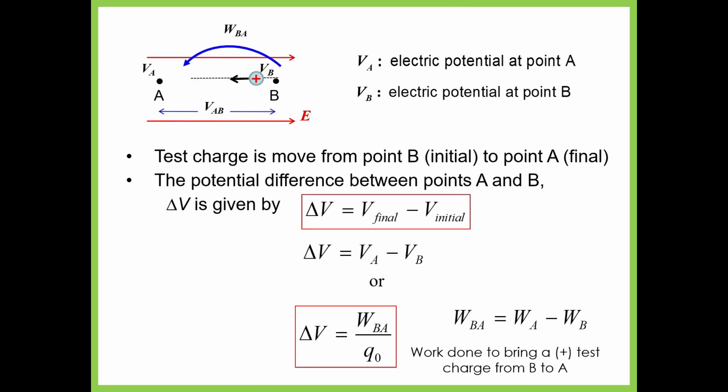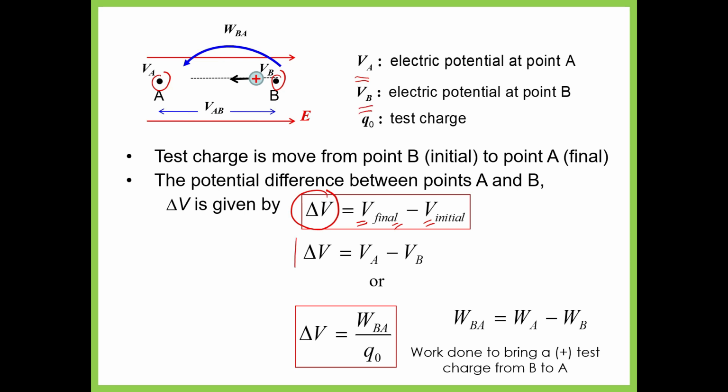To get the magnitude of the electric potential difference, the concept is V final, the electric potential at the final point, minus the electric potential initial. In this case, we are going to bring our charge from point B to point A. So point A is going to be the electric potential final and point B is going to be the electric potential initial.